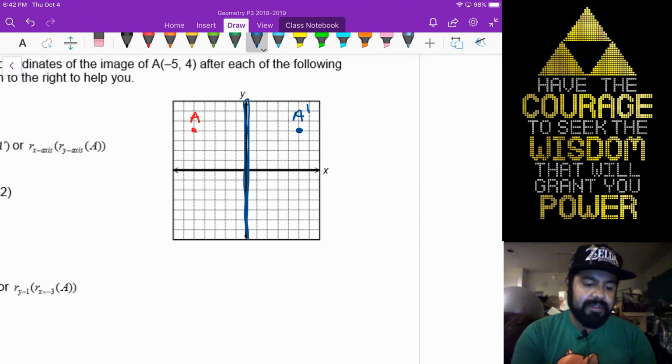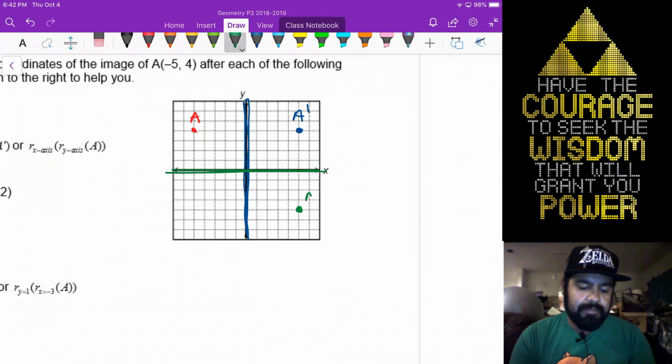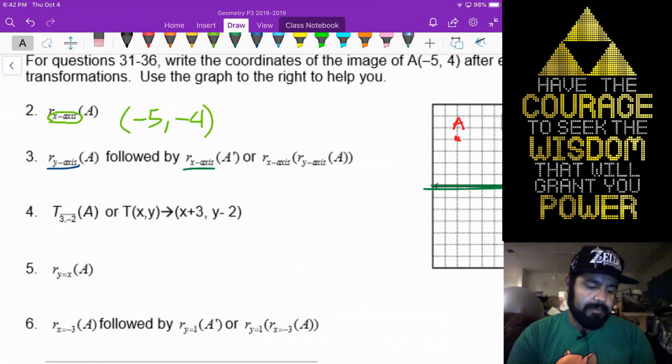Now when I reflect it over the x-axis, then it's going to go down here, which is, I can count, right there. So that is going to be A double prime. Well, that point is going to be +5, -4. So that's what we're going to write here.